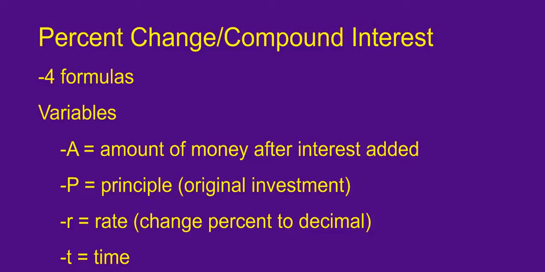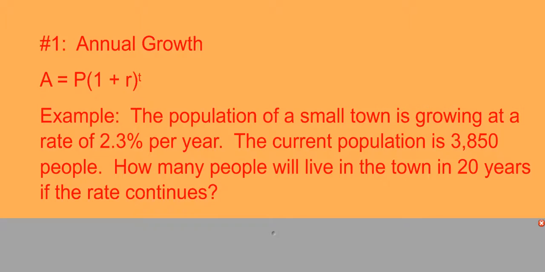So, all right, let's look at our first formula. Our first formula is going to be for annual growth. Annual growth is going to be used when you look at anything changing over time, especially things like population, and that's going to be an example you see a lot. So you see the formula: A equals P times (1 plus R) to the T. The reason why we do that 1 plus R, that rate is going to be a decimal of growth.